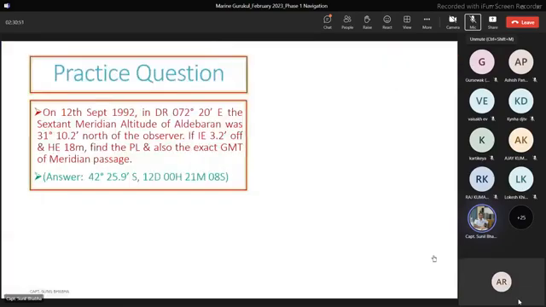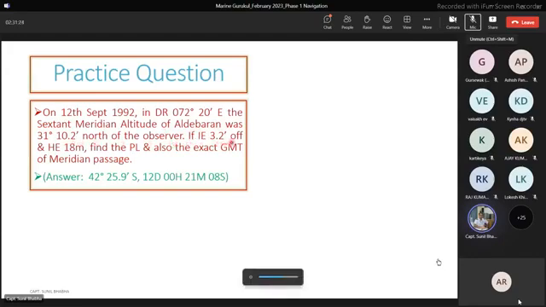Now in these meridian passage questions, sometimes the question also asks us to calculate the exact meridian passage time of the body. Like for example, in this question, on 12th September 1992, in DR 072 degrees 20 minutes east, the sextant meridian altitude of Aldebaran was 31 degrees 10.2 minutes north of the observer.